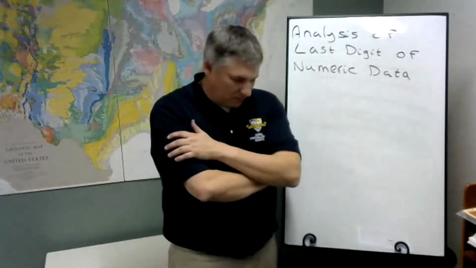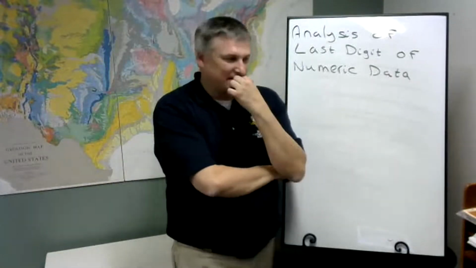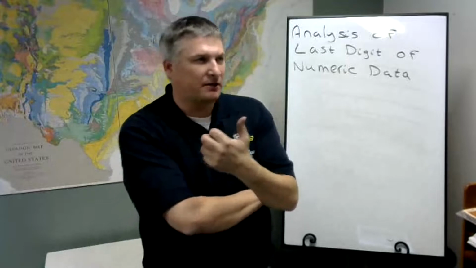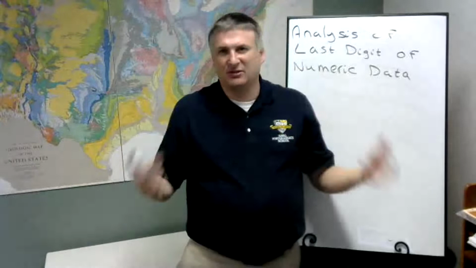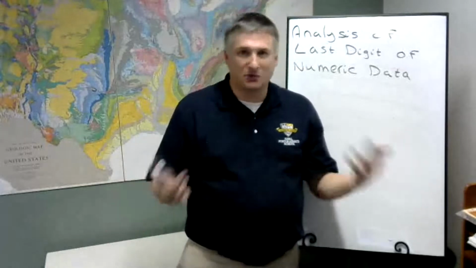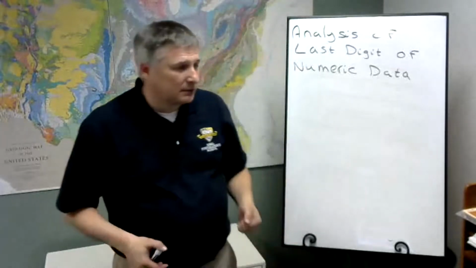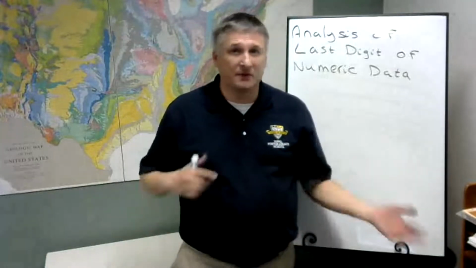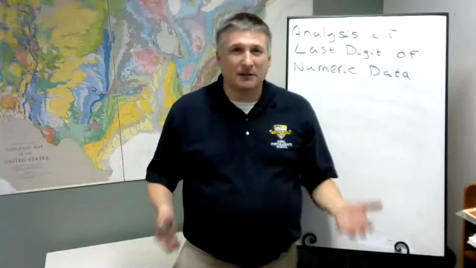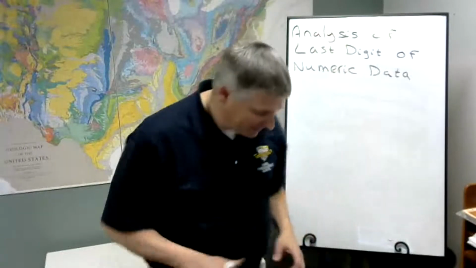This might seem kind of unusual, but we collect our data and then we look at the last digits. The last digit could be a 0, 1, 2, 3, and so on, up to a 9. We want to see how often each of these, 0, 1, 2, 3, 4, 5, 6, 7, 8, 9, appears in the last digit of our data.